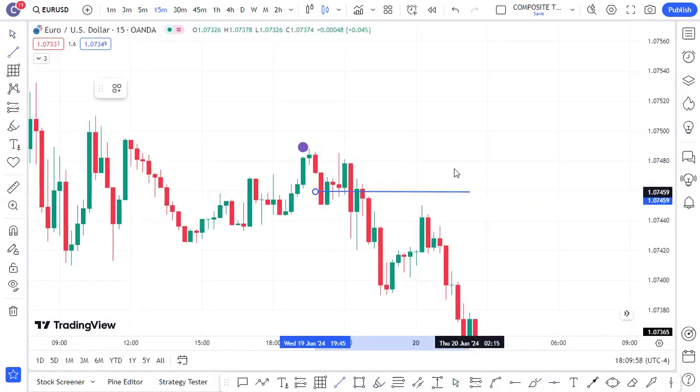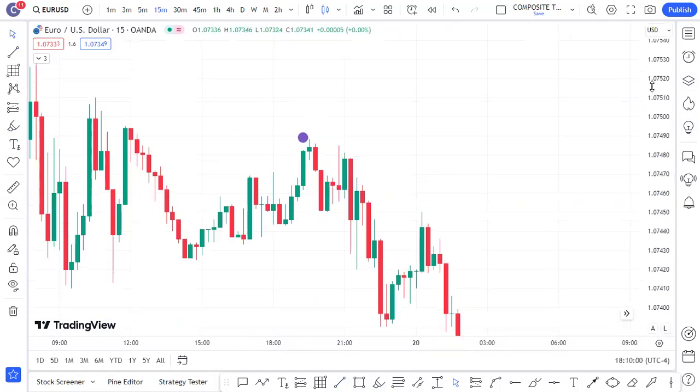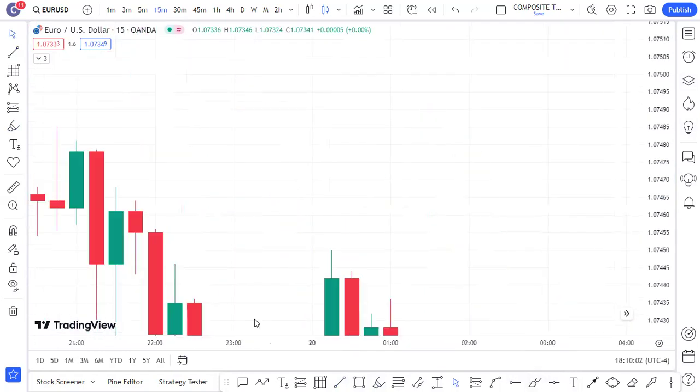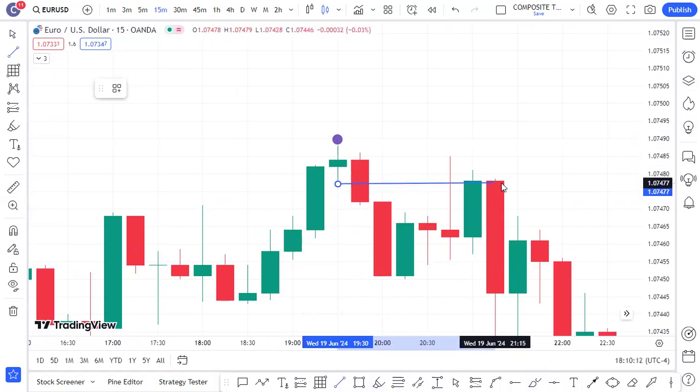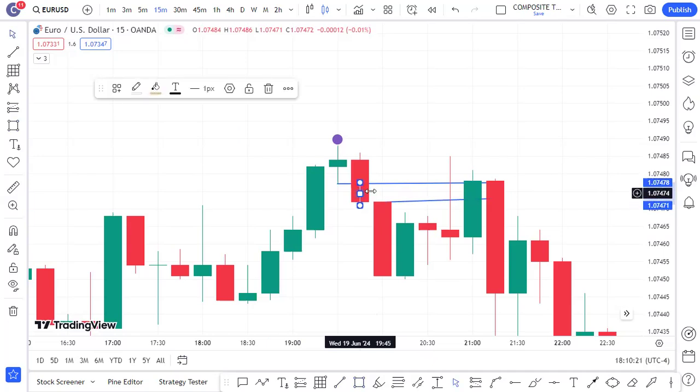This being the first candle, sorry. I'm going to zoom a little bit more so that you can see it. You mark the low of the first candle. Extend to the right. And the high of the third candle, this is the second and this is the third. Extend to the right. You can see this was your imbalance and the price came back to fill the level.